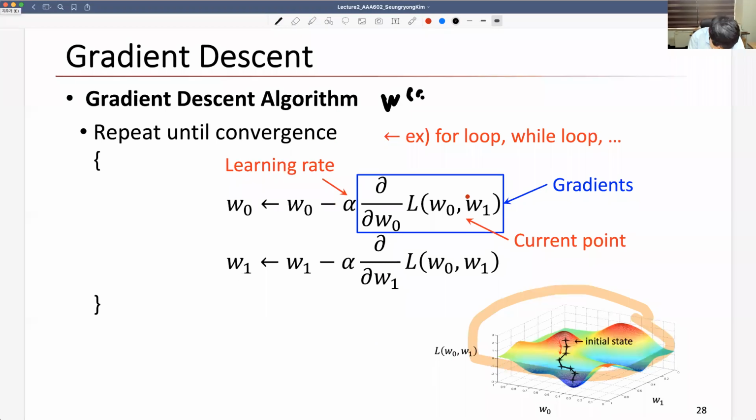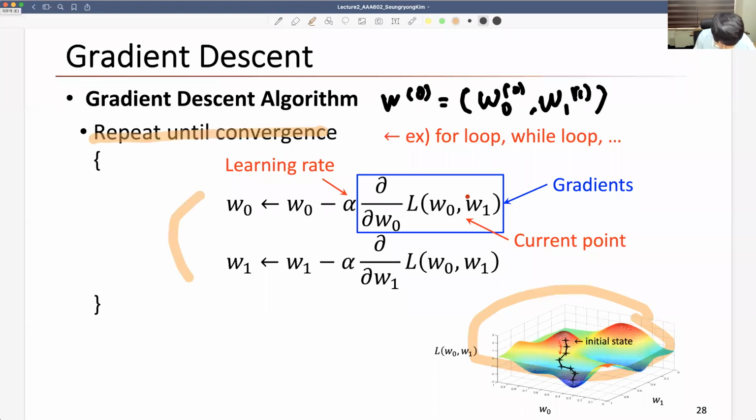Let's say W0, which is the W0 initial state and W1 initial state, something like this. Then we can iterate this step to move to the optimal state by using some iteration algorithm. We can implement this using a for loop or a while loop, something like that.